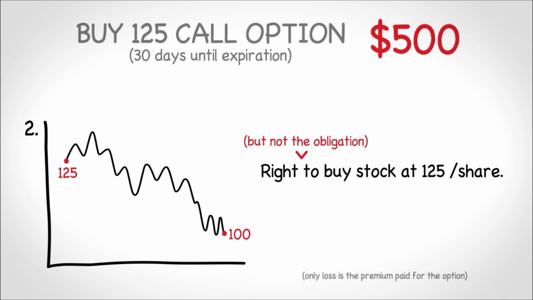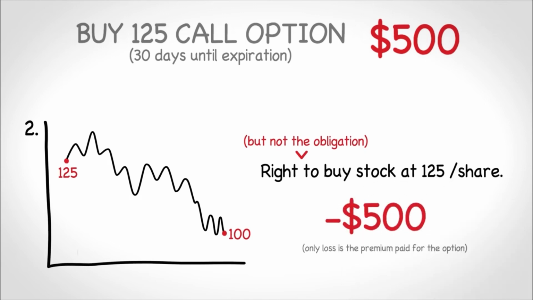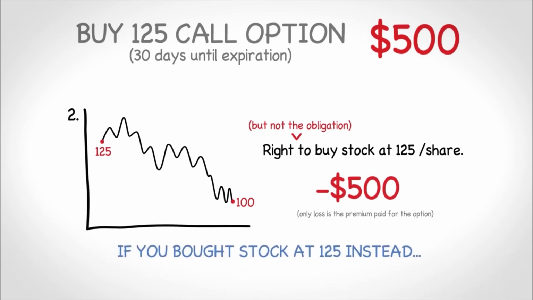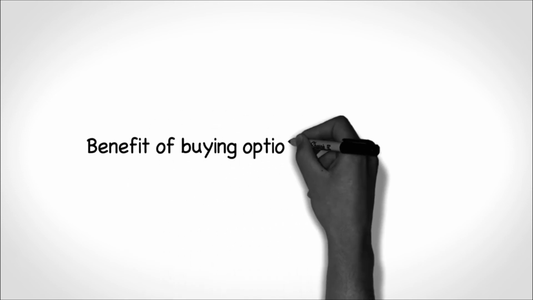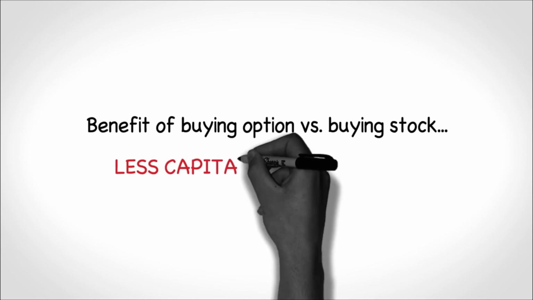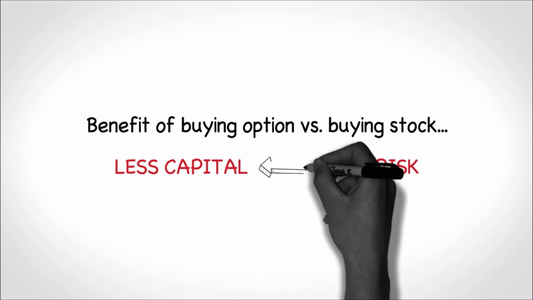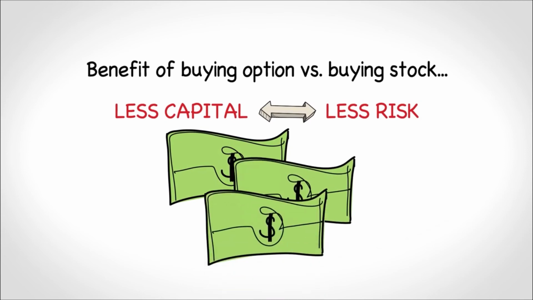So in this case, you simply lost the premium you paid for the option, which was $500. If you would have bought stock at $125 instead, you would currently be down $2,500. So that's the benefit of buying an option rather than just buying the stock. You can put up much less capital and therefore have much less risk. But in exchange for that, you will have to pay a premium for it.